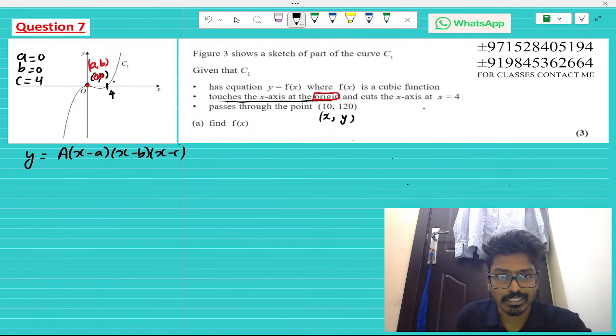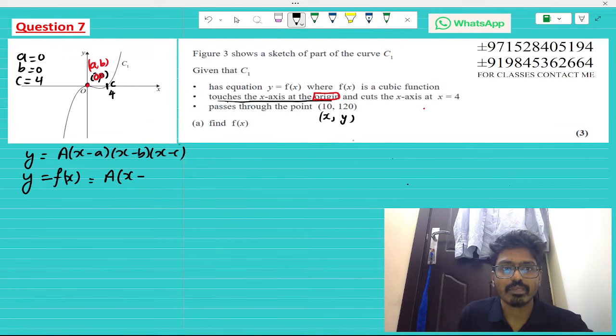So y equals f of x equals a times x minus 0, x minus 0, x minus 4.